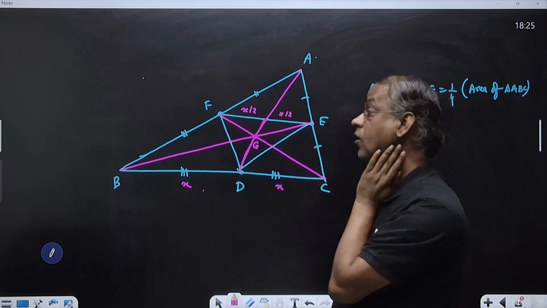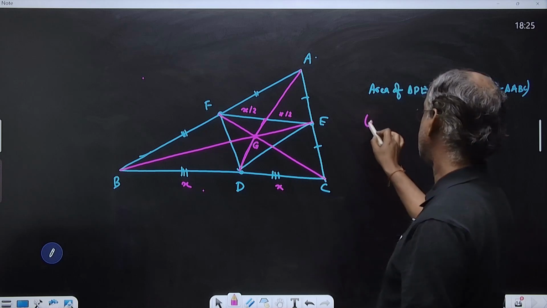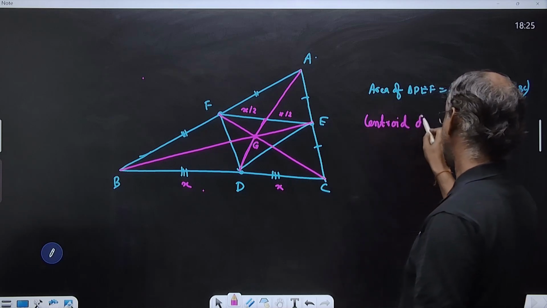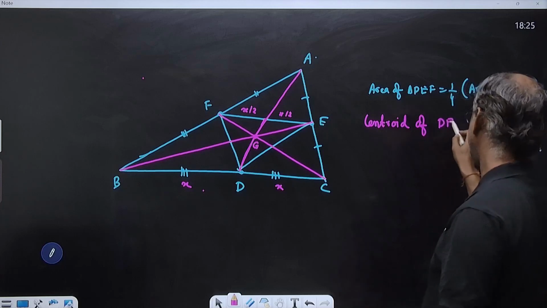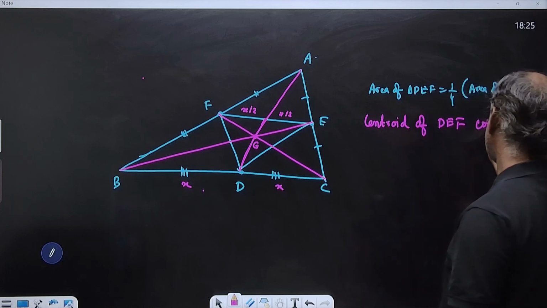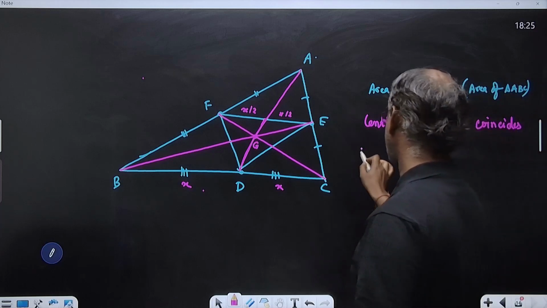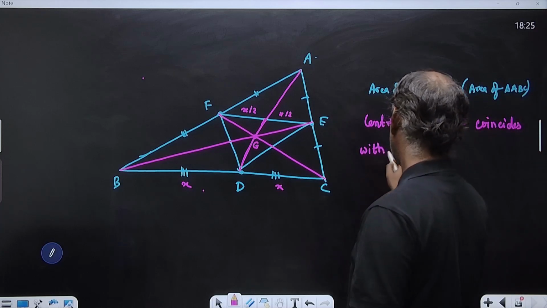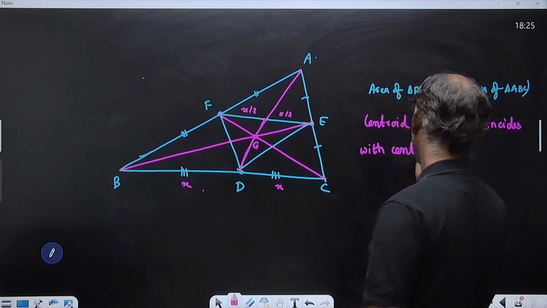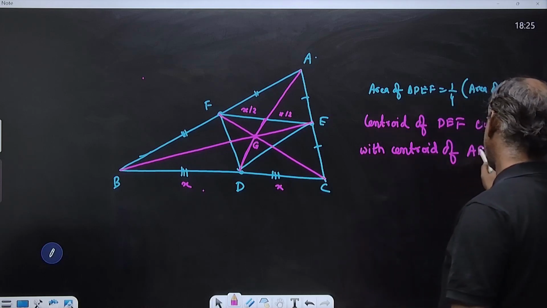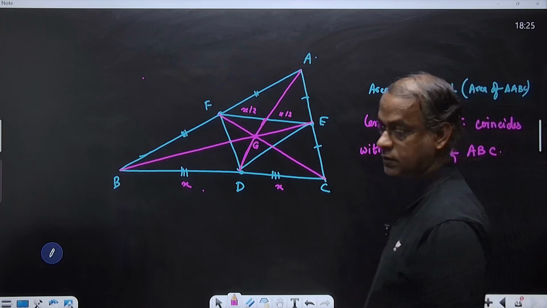So the centroid of DEF coincides with the centroid of ABC. They have the same centroid.